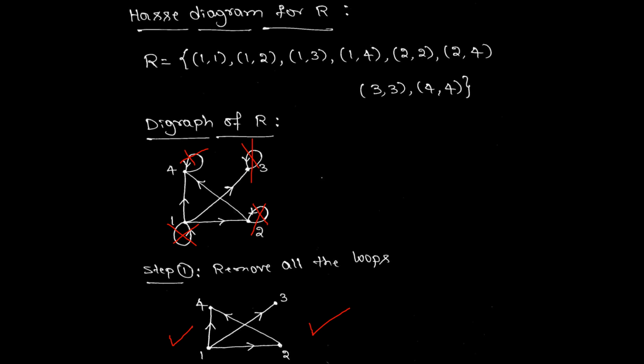What are the transitive edges? Are there any transitive edges? Yes, there is one transitive edge, because there is an arrow from 1 to 2 and there is an arrow from 2 to 4 and also there is an arrow from 1 to 4. So the transitive edge is 1 to 4. We will delete this transitive edge in the next step. Let us do it.